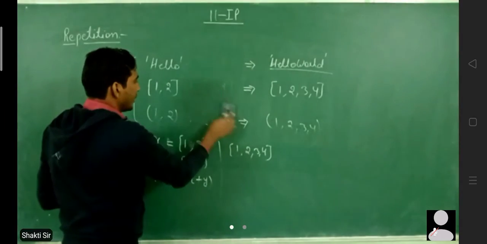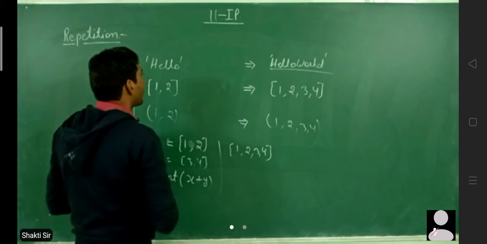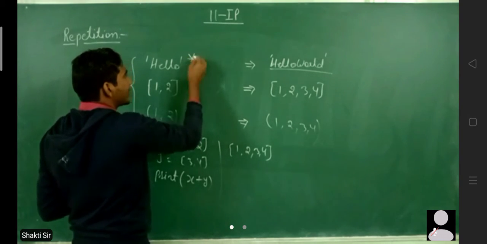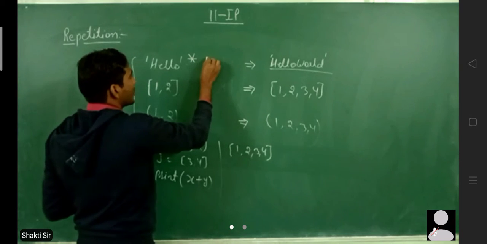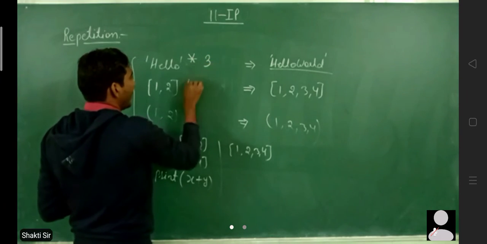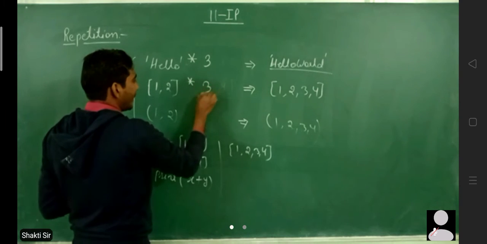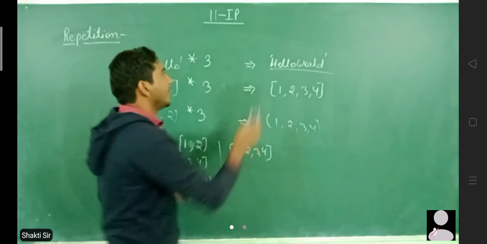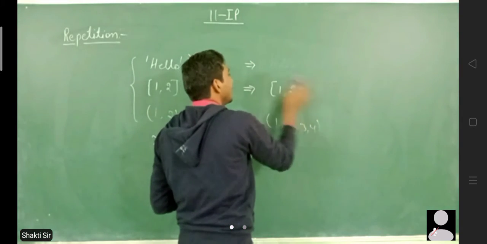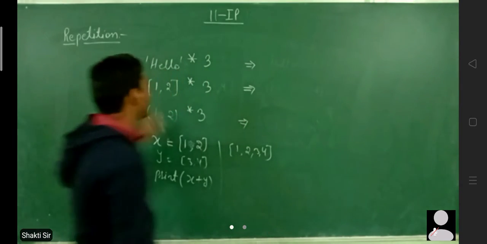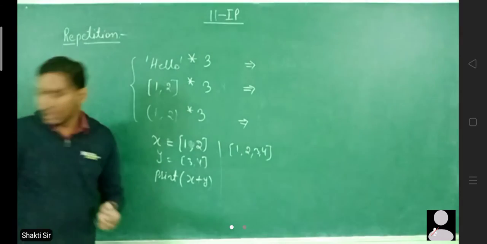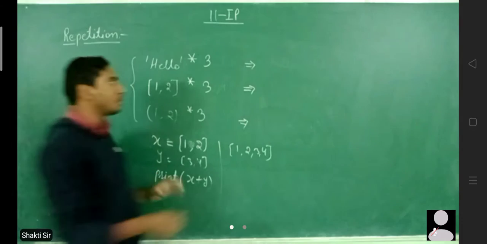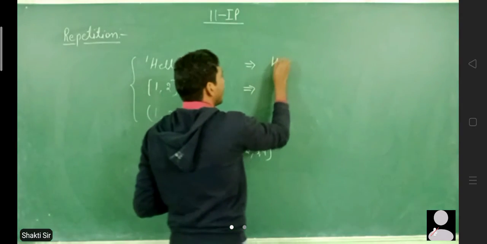In all the cases, the second operand, suppose I take as an integer and then I use a multiplication operator here, and suppose I use 3 here, and here also 3, and here also 3. So the answer will be that this string will be repeated 3 times. The output will be hello, hello and hello.